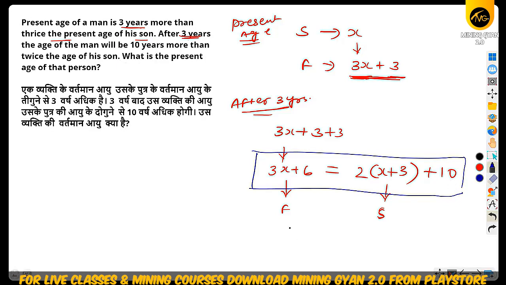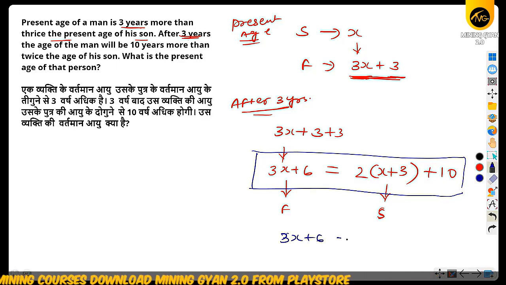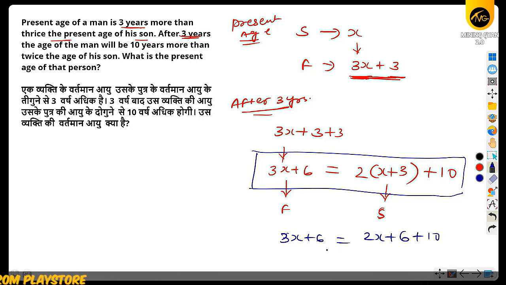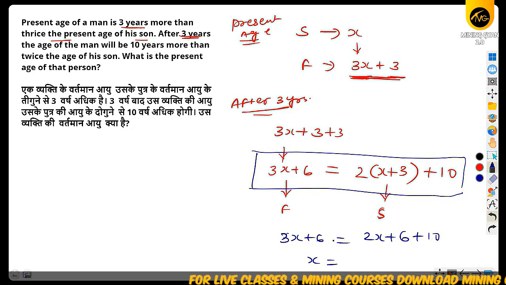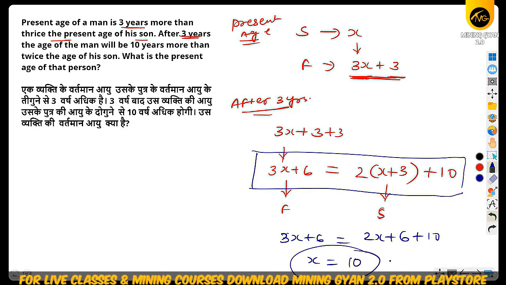Now 3x plus 6 is equal to 2x plus 6 plus 10. So 3x minus 2x is x, and it will be 16 minus 6, that means x is 10 years, and x is the age of the son.